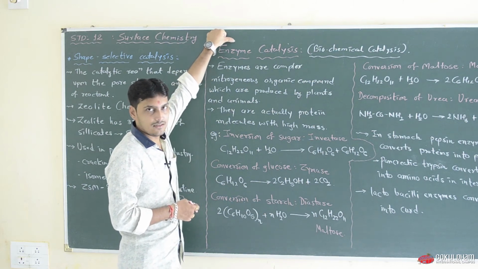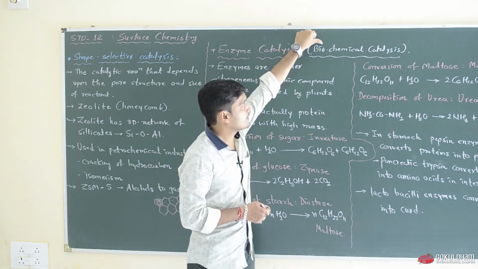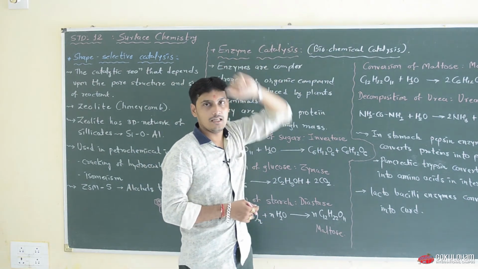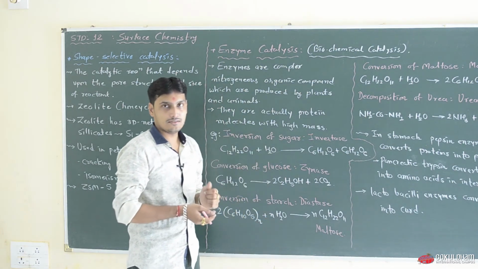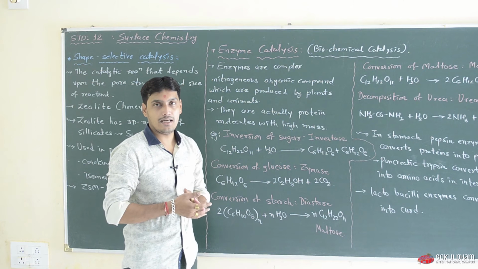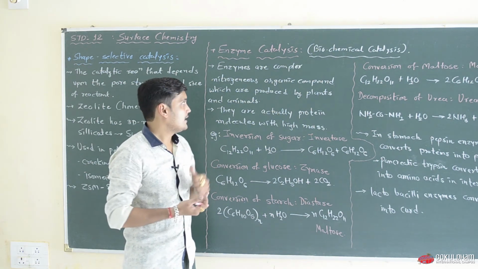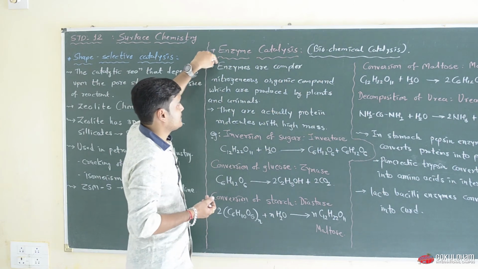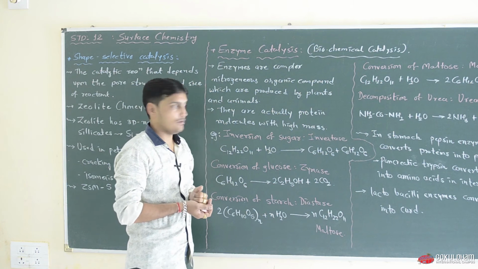enzyme catalysis. This enzyme catalysis is also known as biochemical catalysis. Why is this known as biochemical catalysis? Because the enzymes are produced by plants and living organisms like animals, and these enzymes are complex nitrogenous organic compounds.